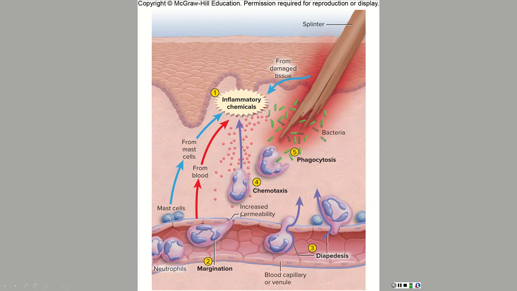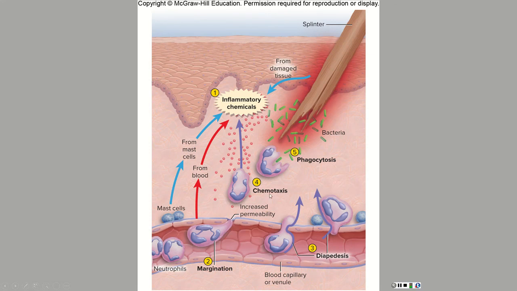And once they're out into the tissue, remember way back on the 2nd lecture, we talked about common factors among white blood cells. They have something called amoeboid movement and positive chemotaxis. Amoeboid movement allows them to crawl around.